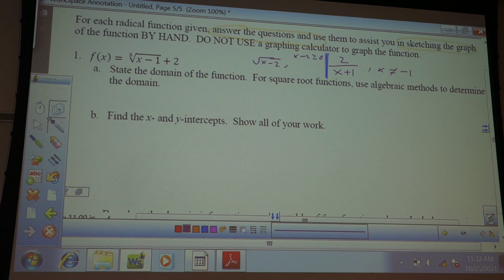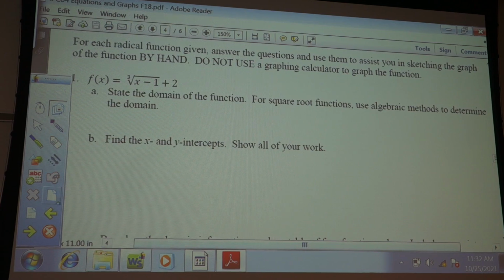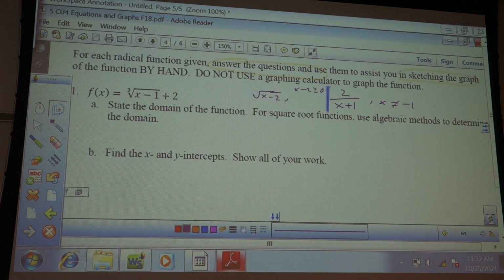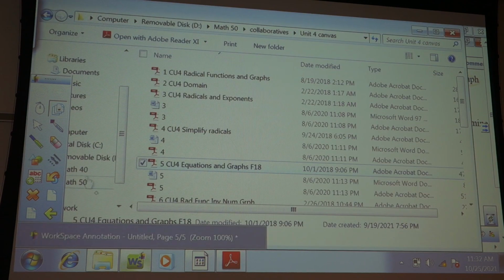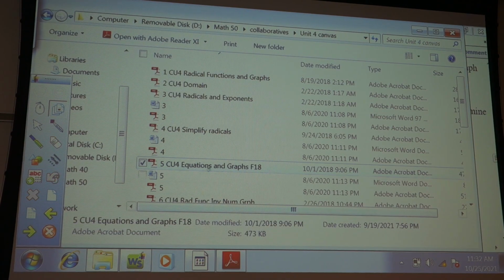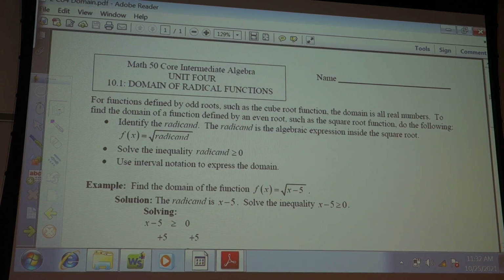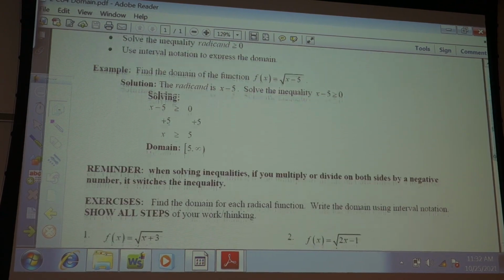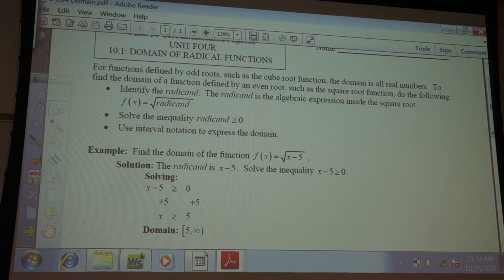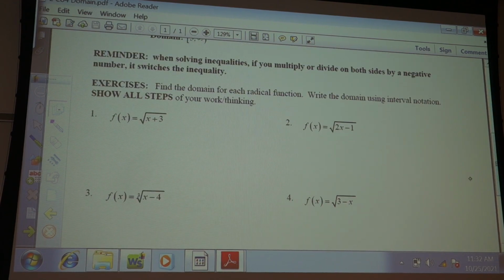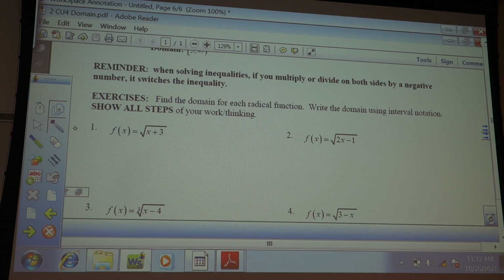All right, I will pause for a minute. We'll bring that handout up. Talking about domain of radical functions?